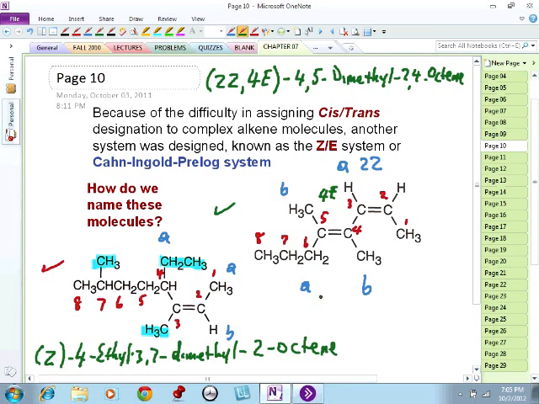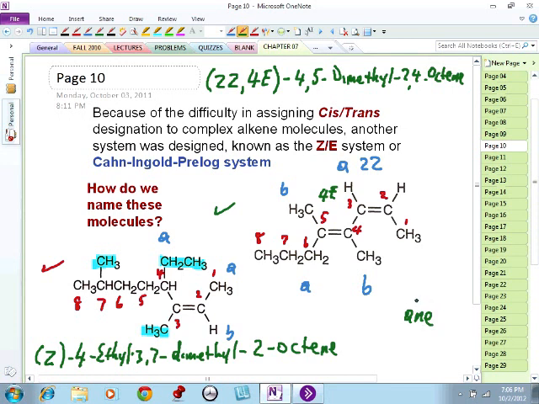Whenever you have more than one double bond, in this particular instance, instead of calling this 2,4-octane, because you have two double bonds, you have to indicate that you do have two double bonds. And to do that, you remove the A and E ending of the corresponding alkane. You remove the NE ending, and you replace it with whatever.